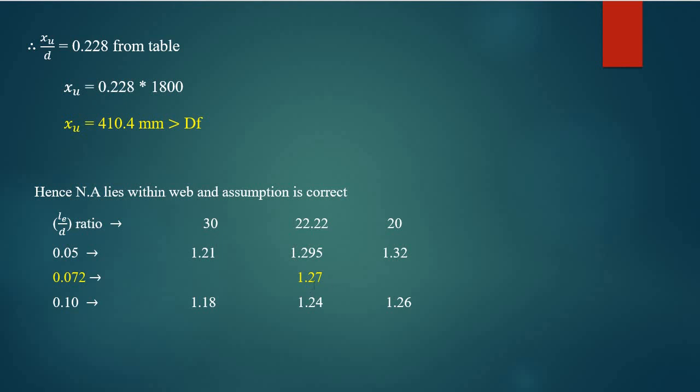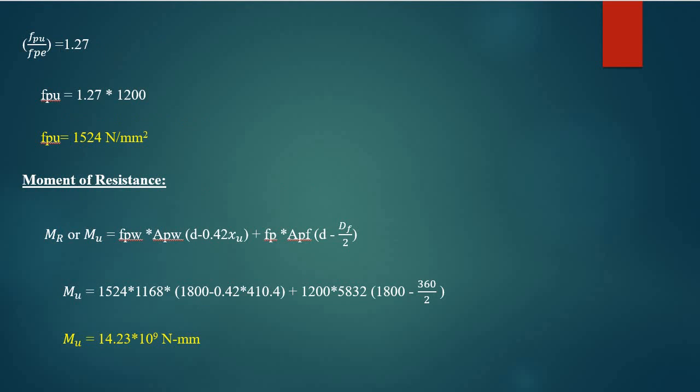By interpolating, we got 1.27 as the value for FPU by FPE. We know how much FPE is, so multiply 1.27 into 1200. FPU is 1524 Newton per mm square. The next thing is moment of resistance.